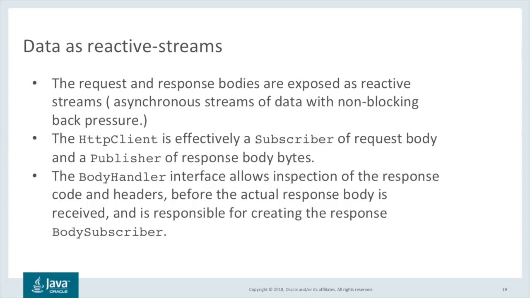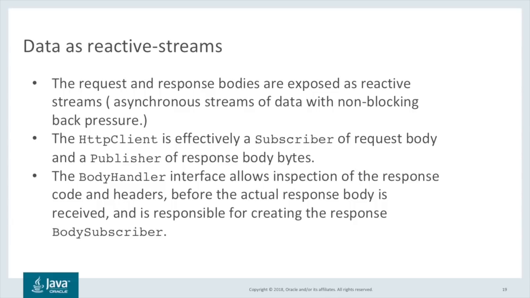On the receiving side, when a response code and headers are received, the HTTP client calls the body handler. The body handler can then inspect these values if it wishes before creating a body subscriber. This subscriber returned by the body handler will be used to receive and process the actual response body bytes.